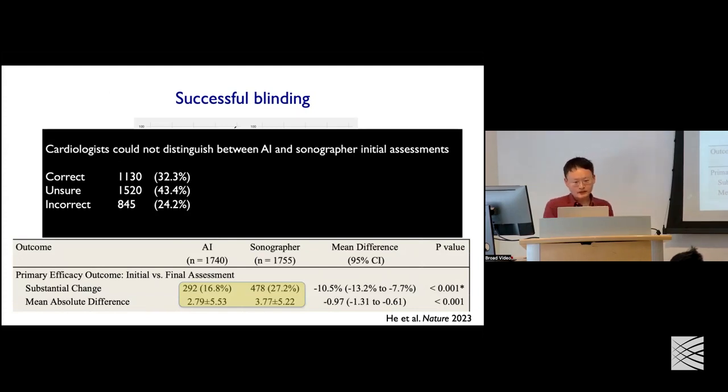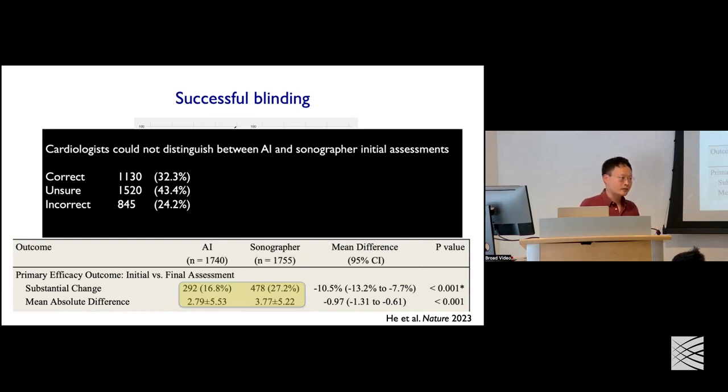So for each of the videos, the cardiologists made a prediction whether they were looking at the AI or the sonographer, and they were only able to correctly guess less than a third of the time. Which means the blinding was actually quite good, because the algorithm is really integrated into the clinical workflow. They didn't have to change their behavior at all because they don't know whether they're looking at the AI or the clinician.